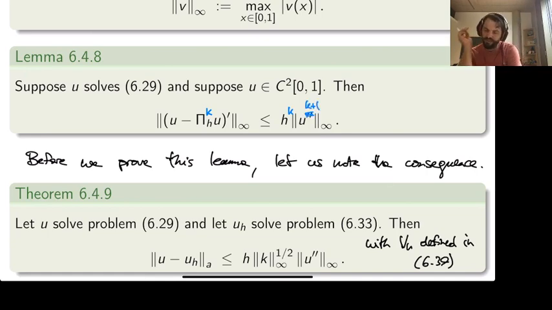So the k plus first derivative. Okay, so you can easily check that yourself, that this works.